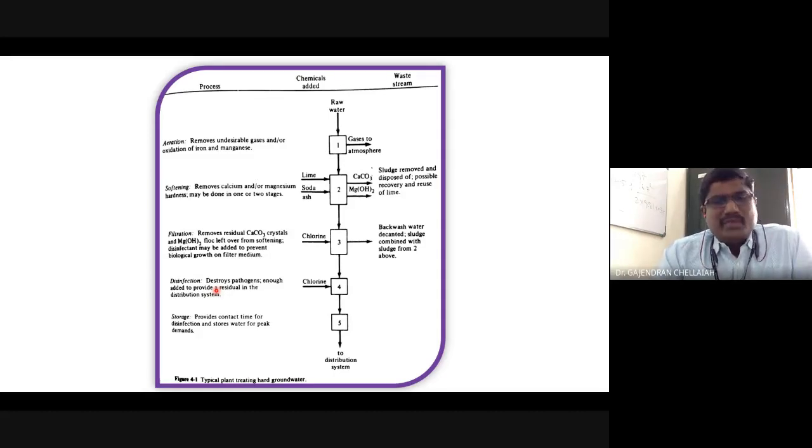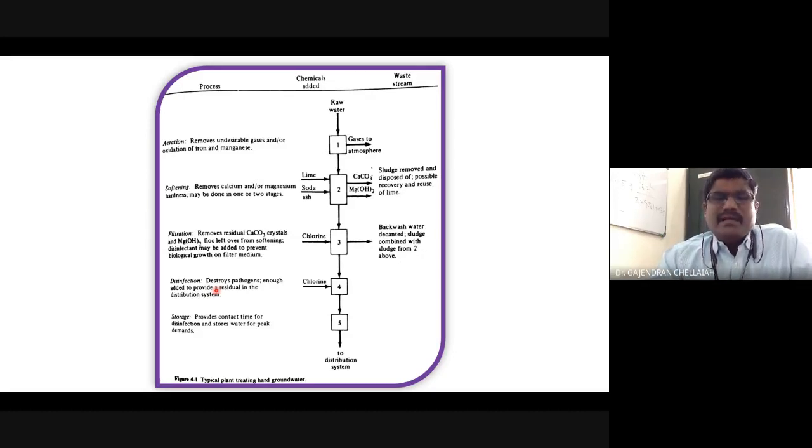Then another one is the storage. Normally, when you transport the water, it will be stored in an elevated storage tank, which we call a supply reservoir. From the supply reservoir, you send the water into the distribution system using gravitational force, so that it will be a good one.